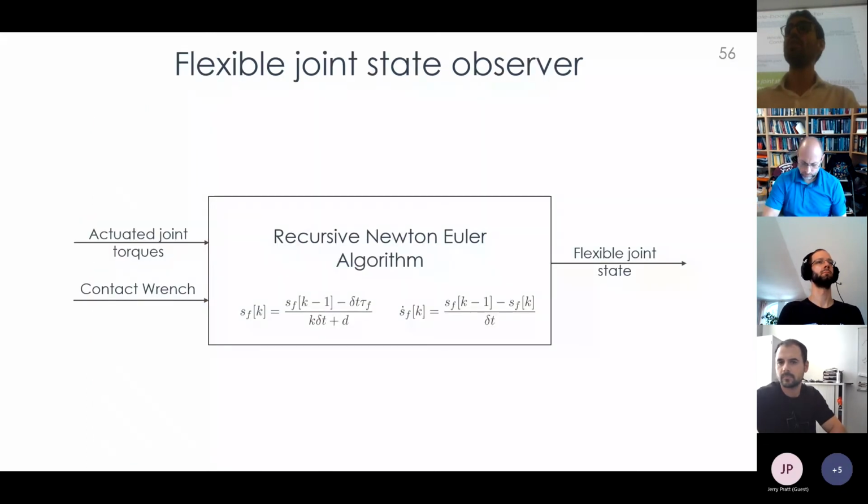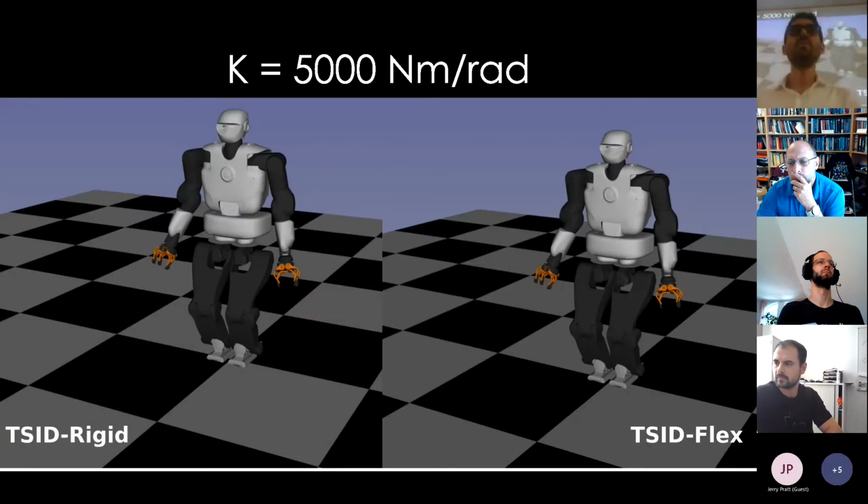So what we propose is a recursive Newton-Euler algorithm that uses the actuated joint torques and the contact forces. The output of this algorithm is the flexible joint state. So starting from the torque, we can use the approximation of the joint position and velocity, and then we can also evaluate the position and velocity of the flexible joint.